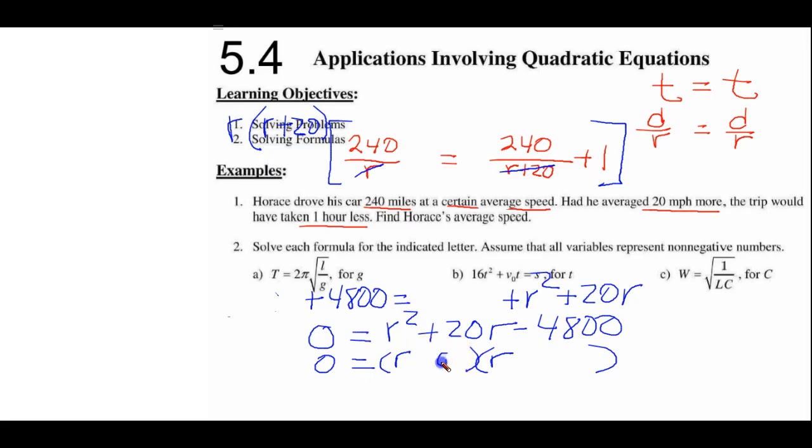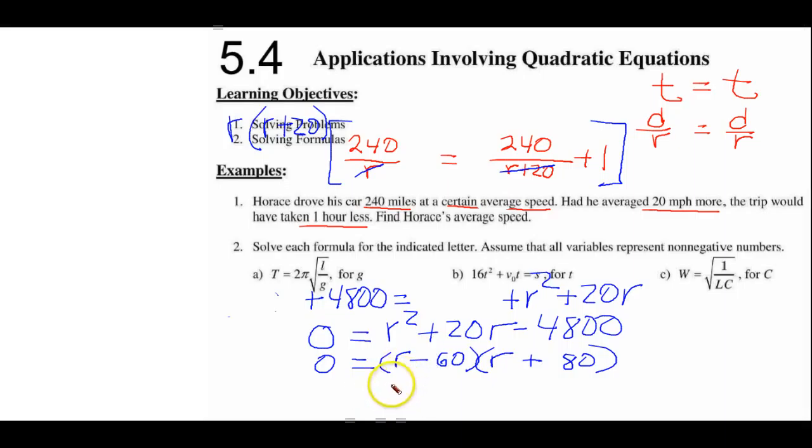So if I had a 60 and an 80, this would give me that, and the difference of these two would be 20. This is plus, so my larger one needs to be positive, and this one negative.